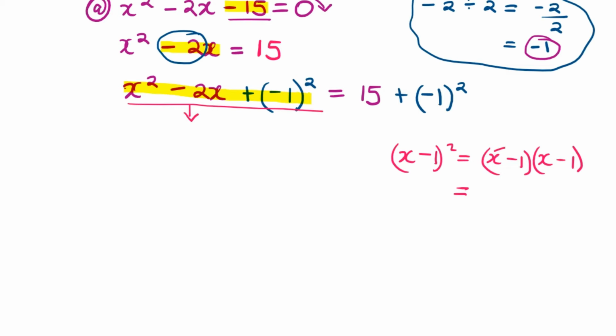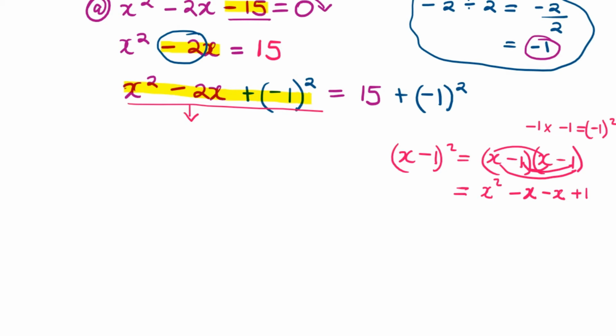So we are multiplying x times x to give us x squared, then x times negative 1 to give us negative x, negative 1 times x to give us negative x, then negative 1 times negative 1 to give us positive 1. But remember, negative 1 times negative 1 is just the same as negative 1 squared.